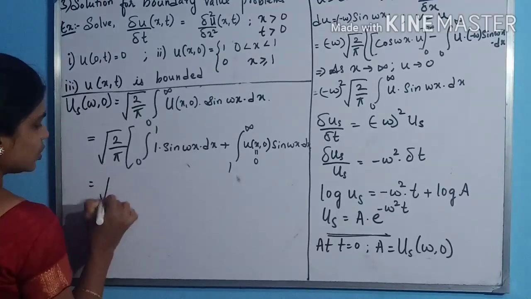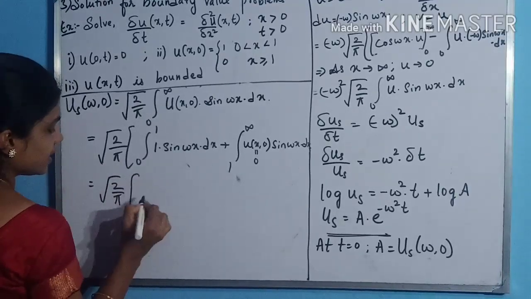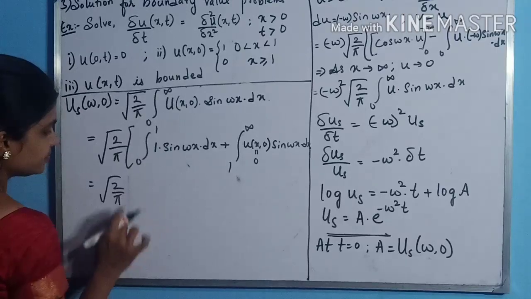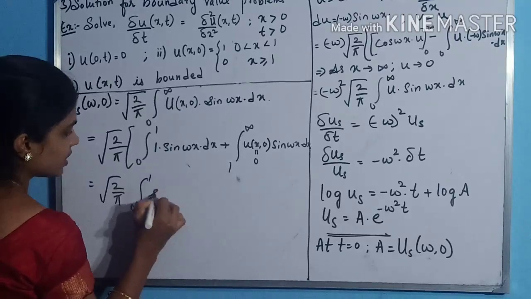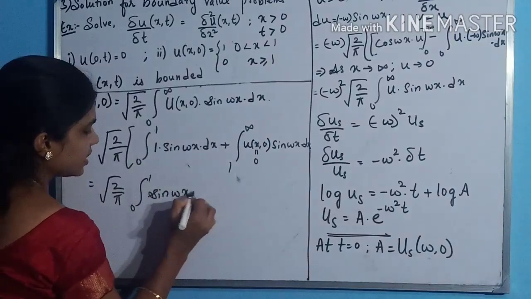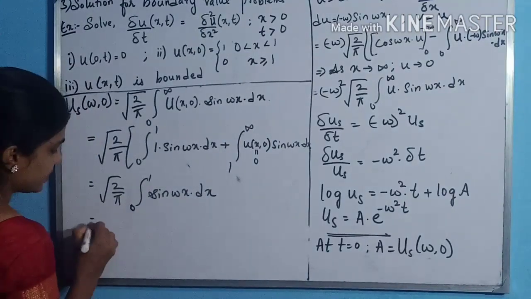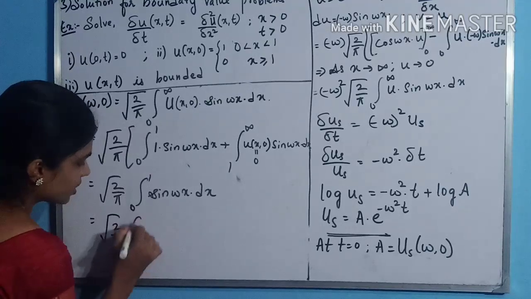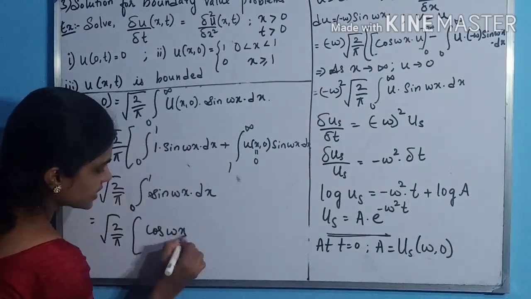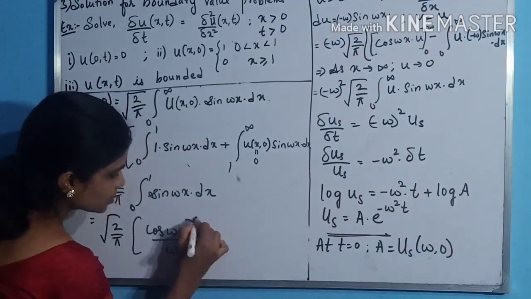So that is root 2 by pi integration 0 to 1 sine omega x dx. When I integrate this, I will get root 2 by pi cos omega x by omega from 0 to 1.